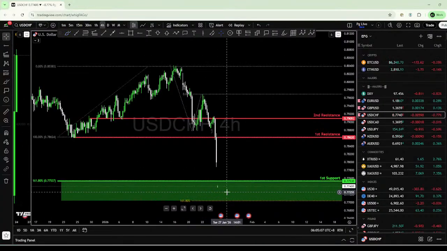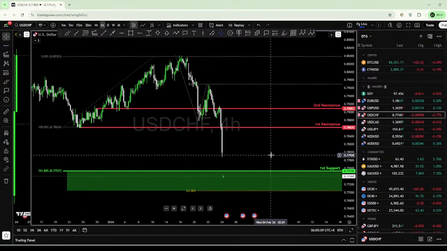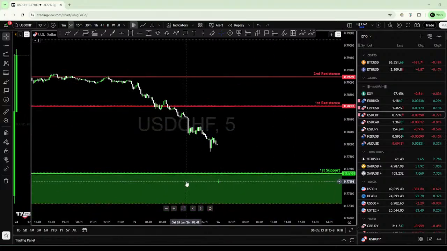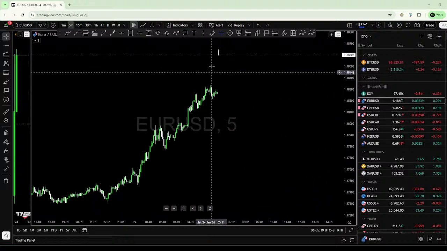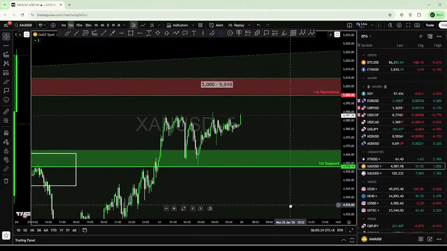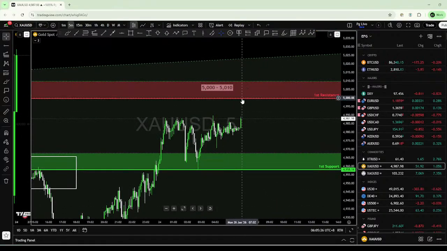But basically what you want to do, you need to wait for at least the lower time frame to show you the confirmation. Okay, so I know there's a gap down and others gap up. So we have to wait, meaning that I think gold might gap up to almost 5,000 and then fall. Okay, because the market for gold is still closed.